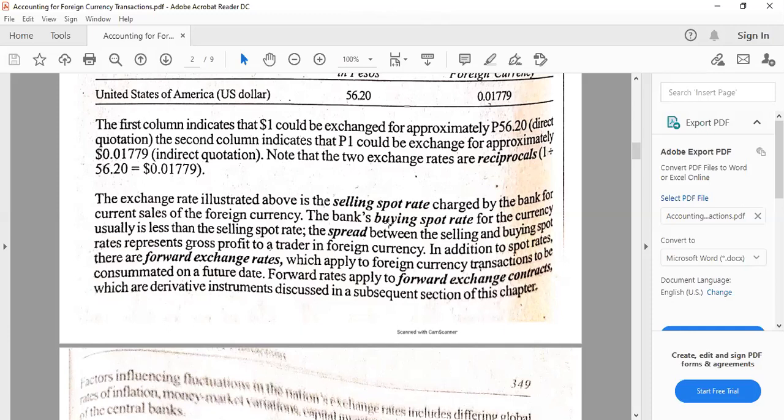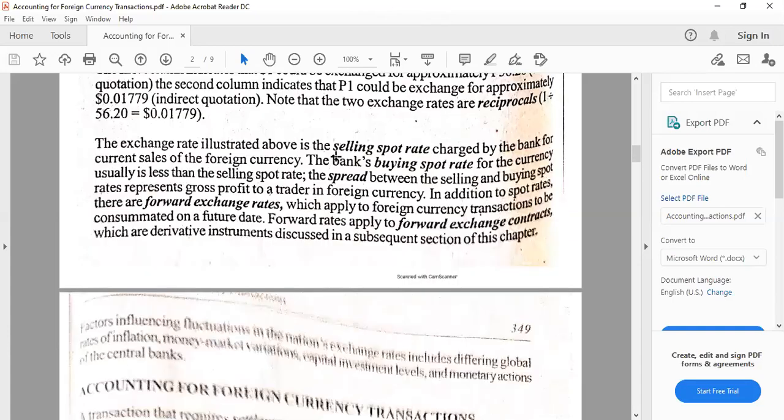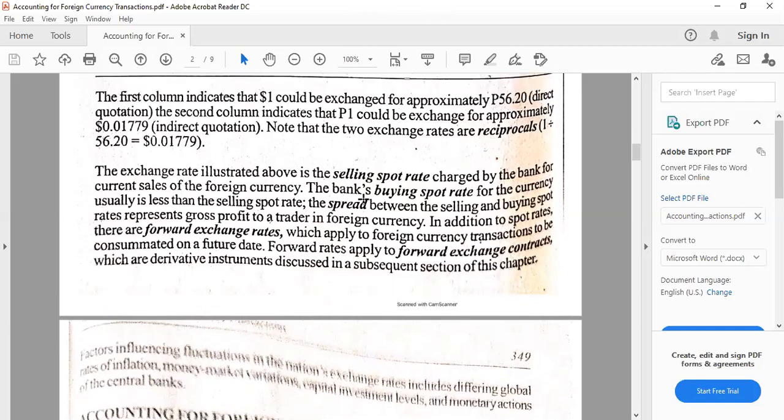The difference of the two is called the spread, or the gross profit of the trader in a foreign currency. All right. So these are the rates that could be the classification of those currency exchange rates, if we talk about what transactions we are talking about. Are we selling? Are we buying? And this is also one area where banks would earn in the process.